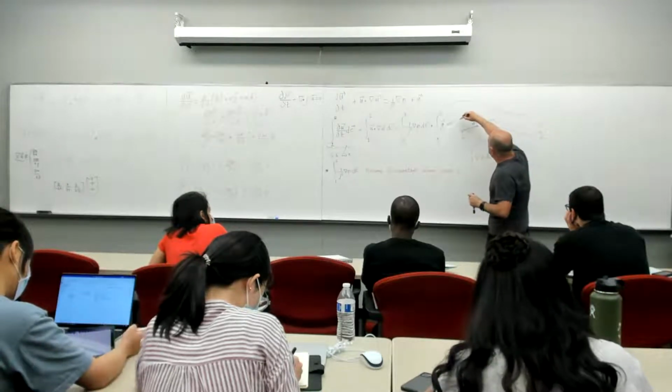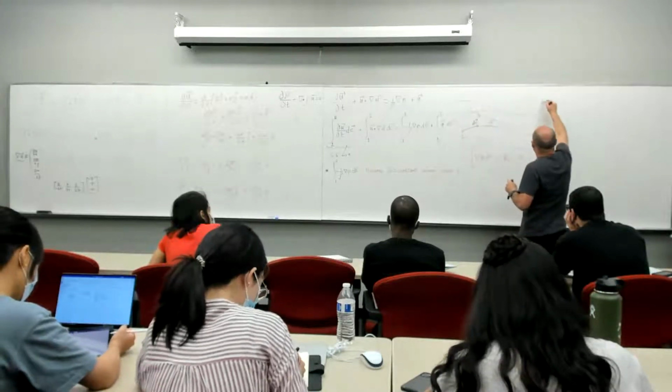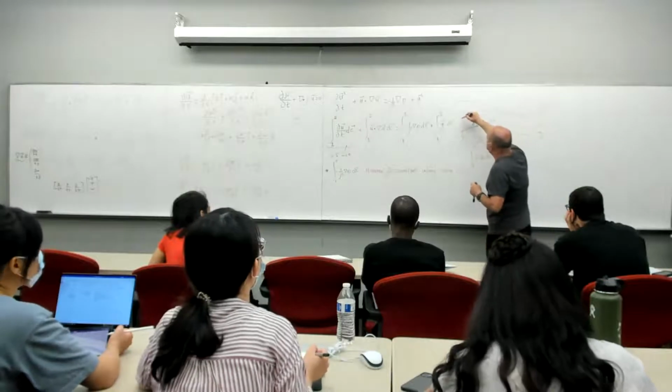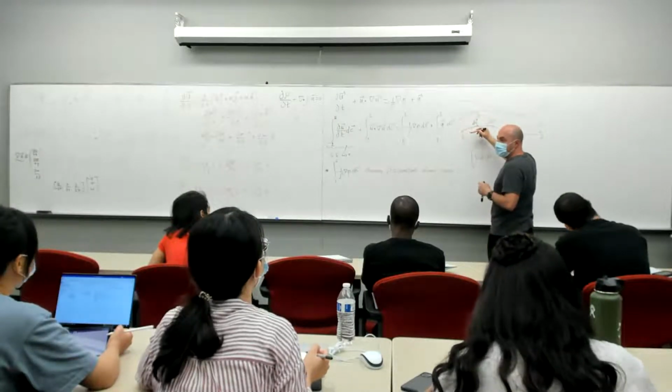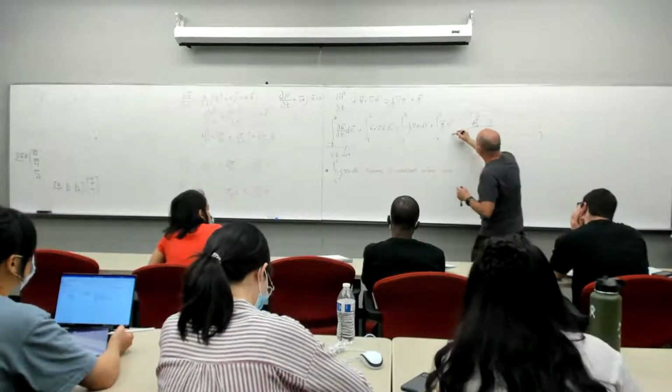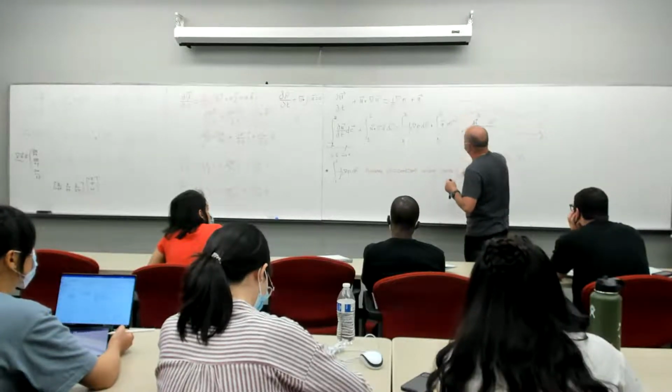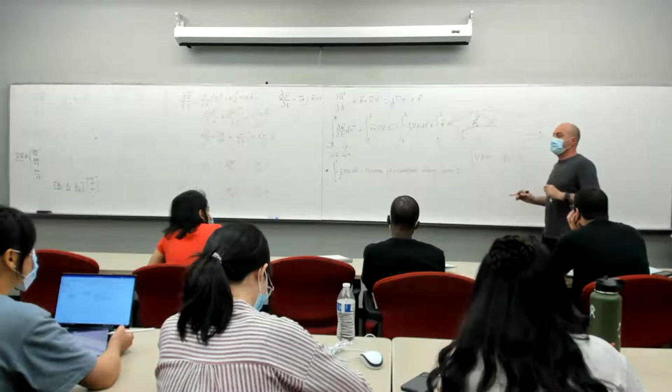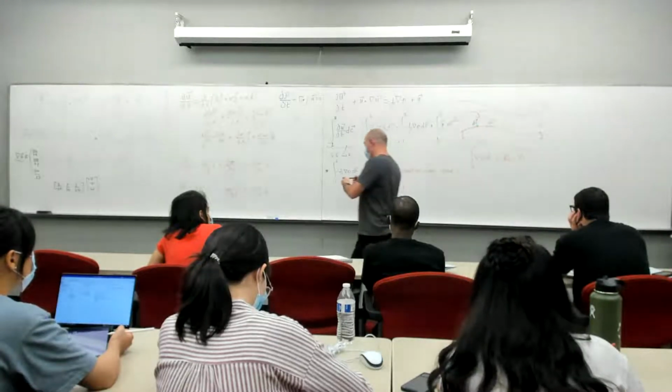You could have another curve, C2, and it could have a different density than C1, but as long as the density is constant along it, then you're good to go. So this one could have rho 1, this one could have rho 2 on it. It's okay.